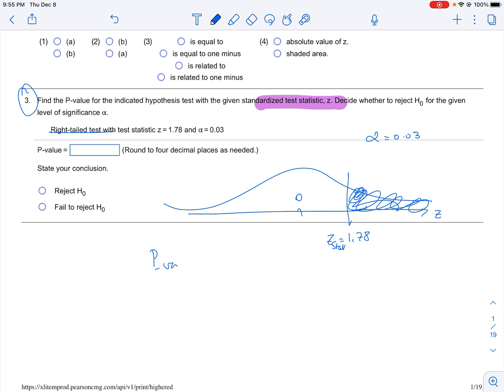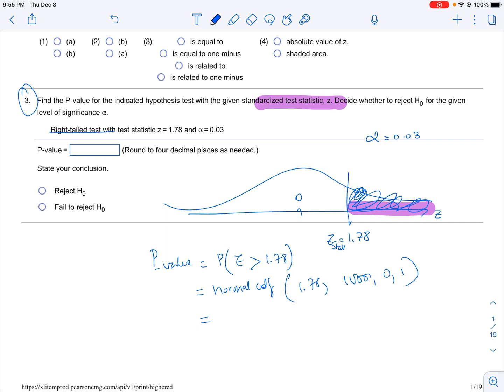So if you find the p-value, that's the probability to the right of that z stat. So anything that's going to be greater. All right, so we're looking at this area here. So we're doing normal CDF from 1.78 all the way to a big number or infinity. Of course, by default, we know that the mean is going to be 0, standard deviation 1.